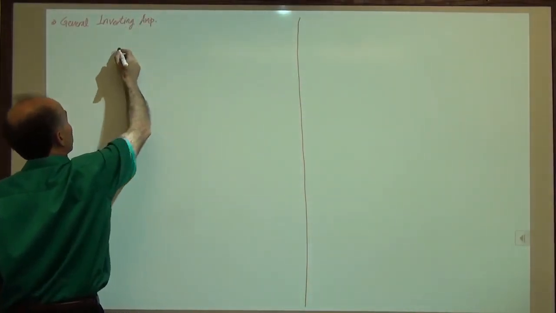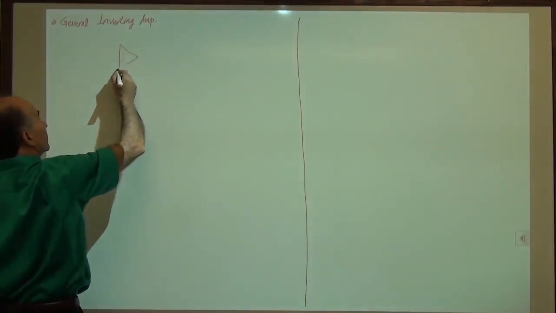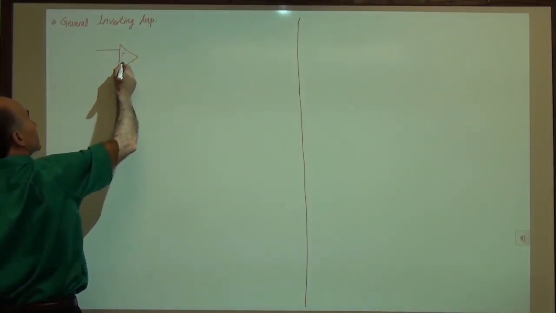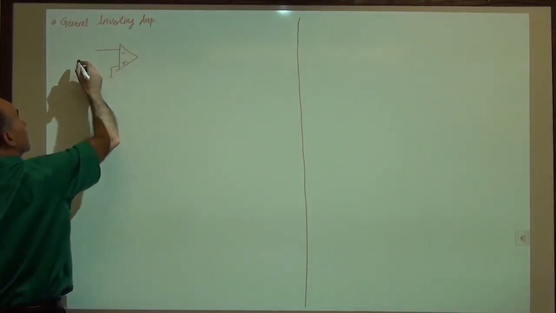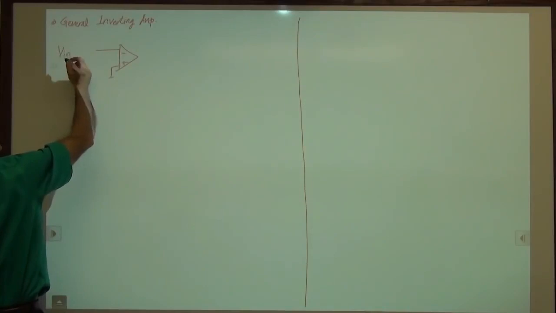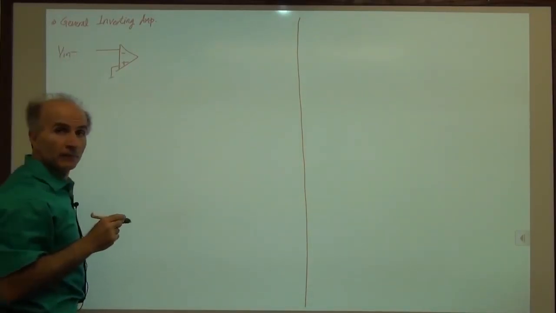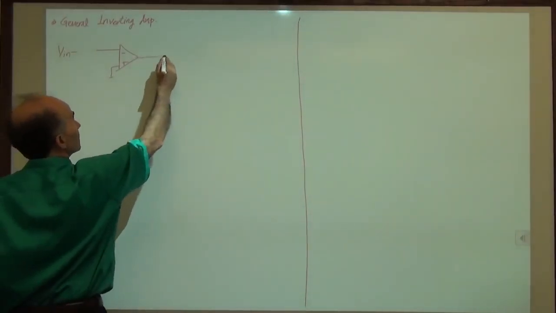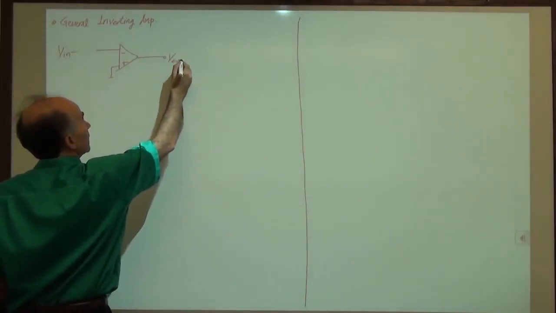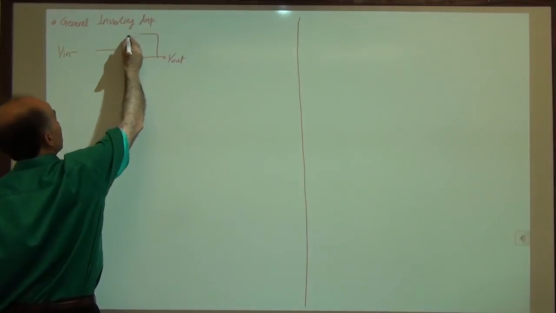And by general, I mean the following. Remember that previously we had from the input a resistor going to the input of the op-amp, and then from the output a resistor going back to the input of the op-amp.